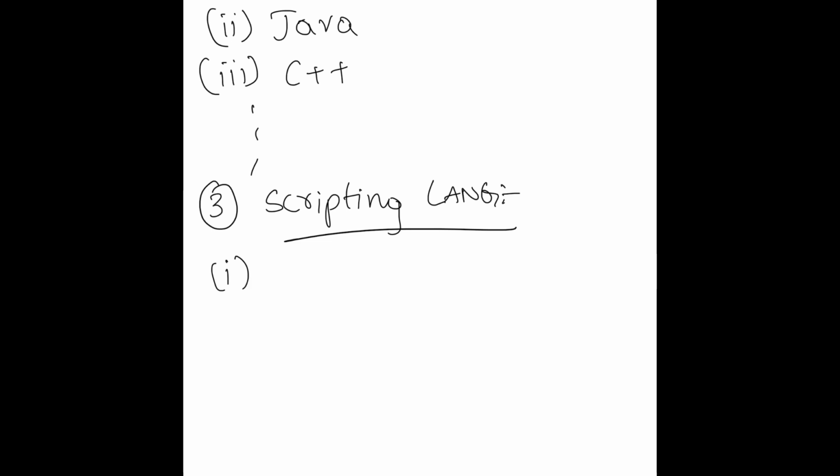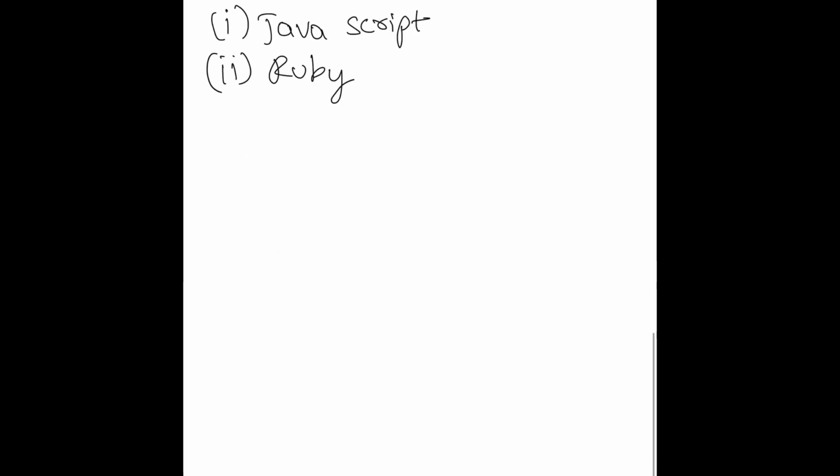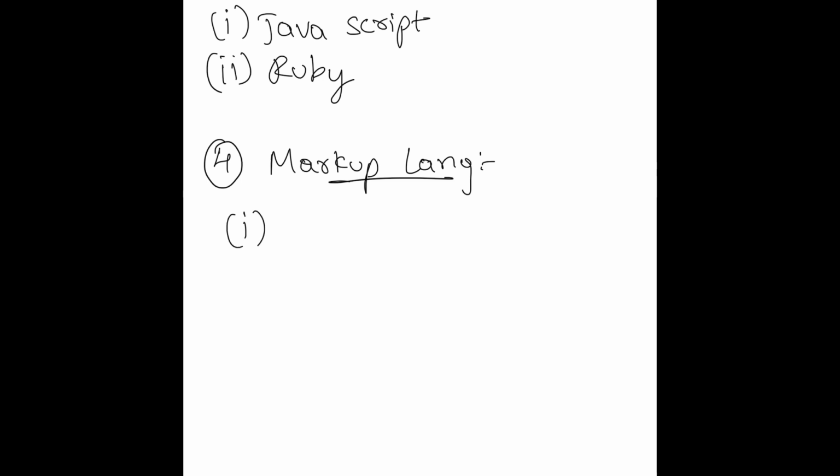Examples: JavaScript and Ruby. The fourth type is markup languages. Examples: HTML and XML.